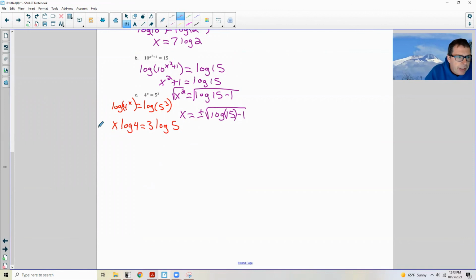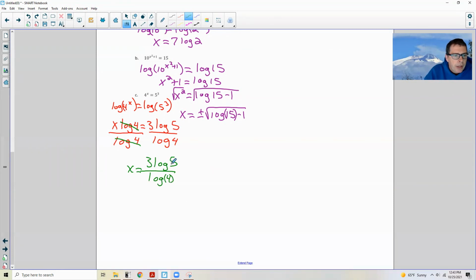Now to get x by itself, we're going to divide both sides by the log of 4. So the log of 4 cancels here and here, thus leaving us with x equals 3 log 5 divided by log 4.